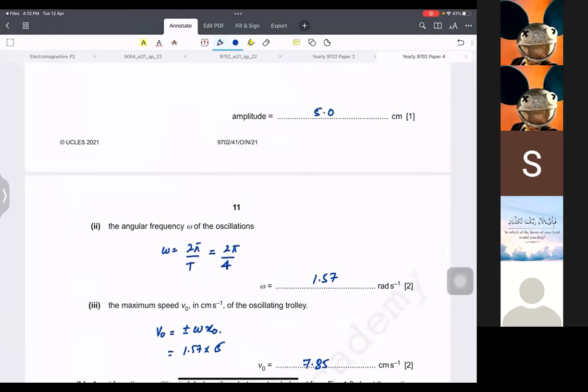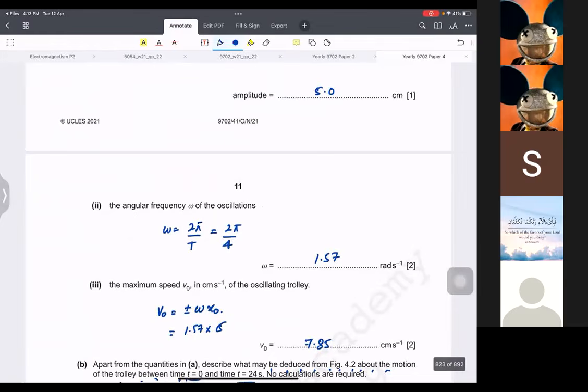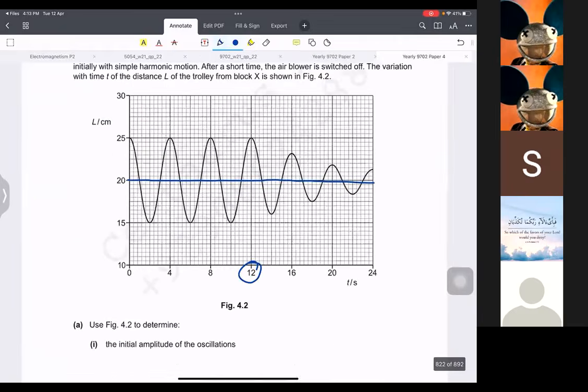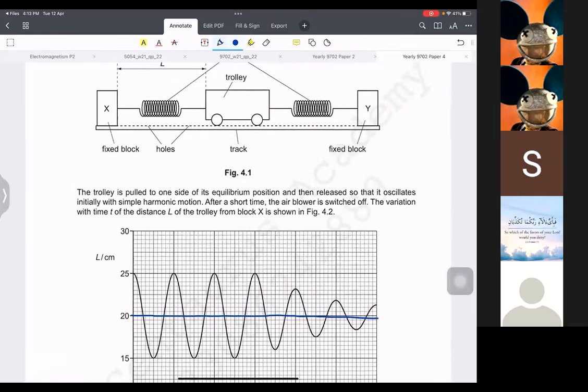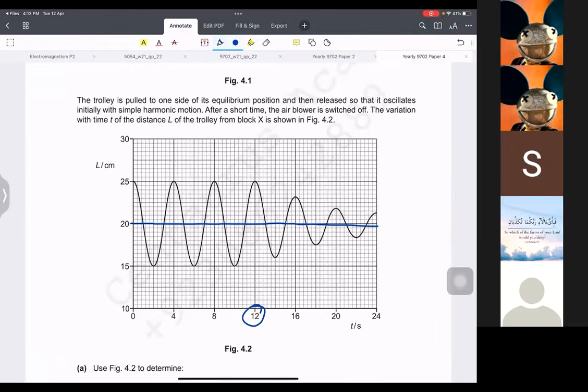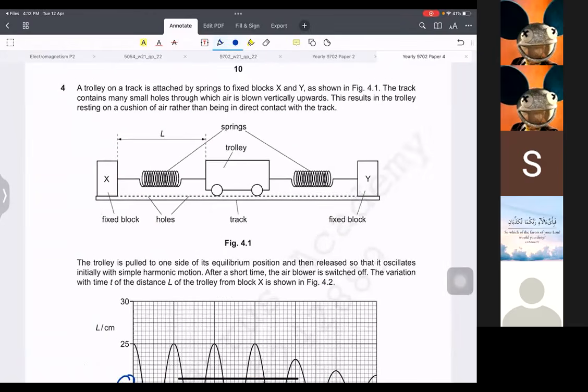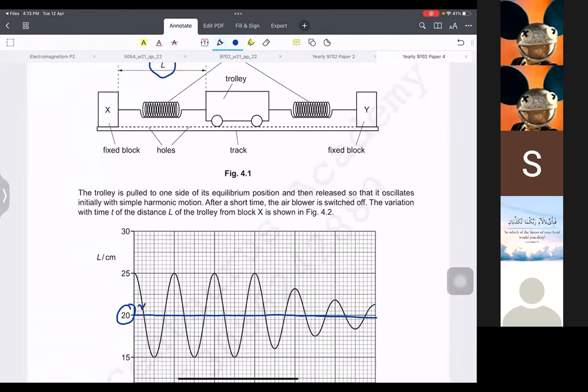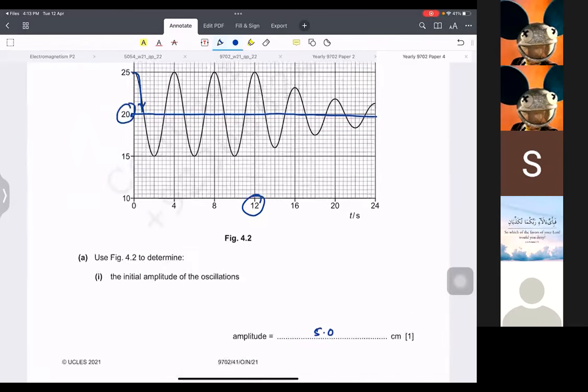Apart from the quantities already described, we have already found the amplitude, and we have found the angular frequency. What we found is also the time period. So basically 20 is its equilibrium, and this is the length it is talking about. At 0 it was 25, so it was pulled to this side, increased, and then came back. Now I have the 3 points.